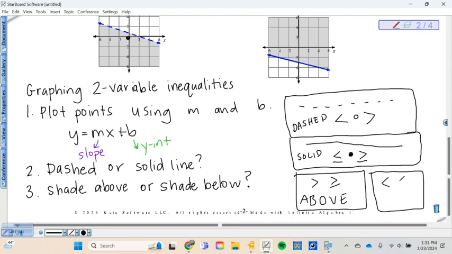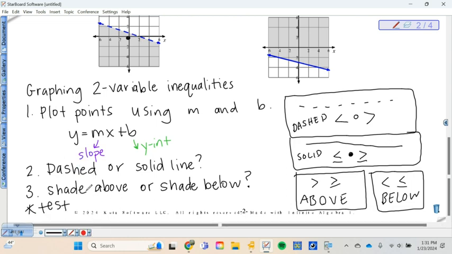And then if it's less than or less than or equal to, usually it's just below the line. But sometimes it's just hard to tell. Sometimes I don't really know why, but it's just weird. My mind plays tricks on me, I think. But what you can do to always check it is test your point.